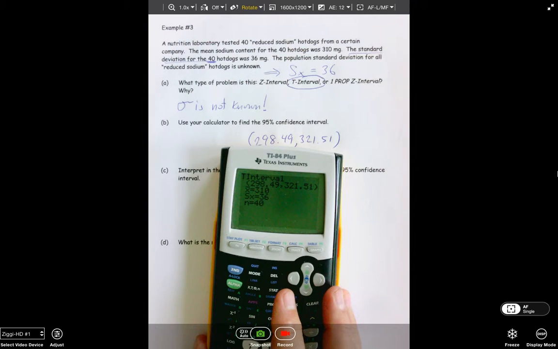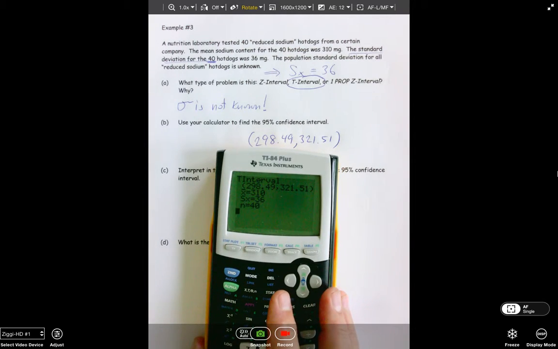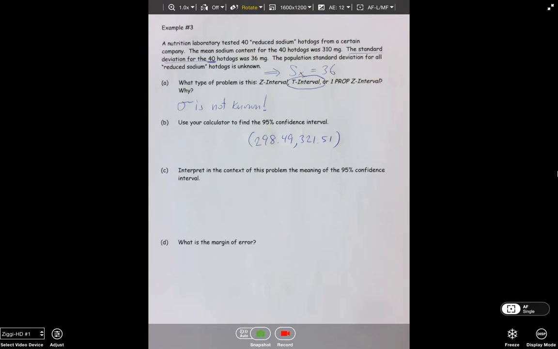All right, so based on this estimate from these 40 hot dogs, it looks like the population mean for all of these hot dogs is somewhere between 298 and 321. All right.